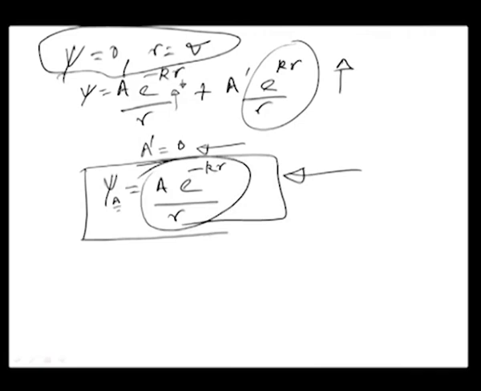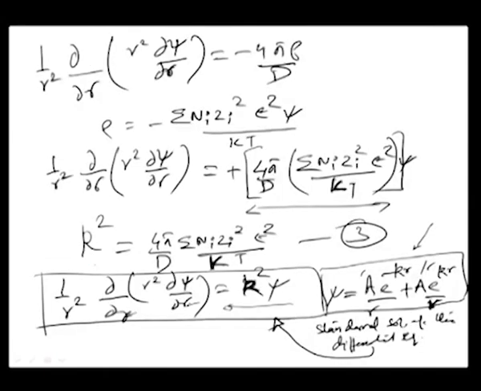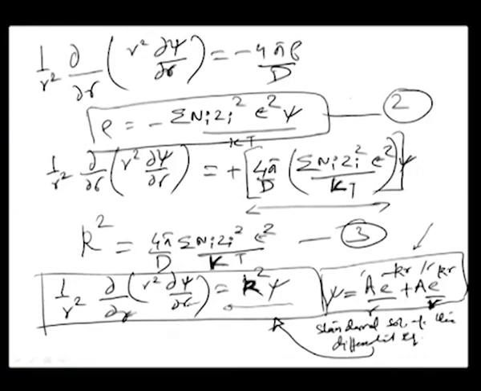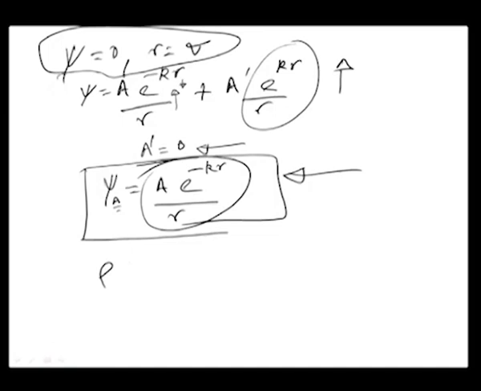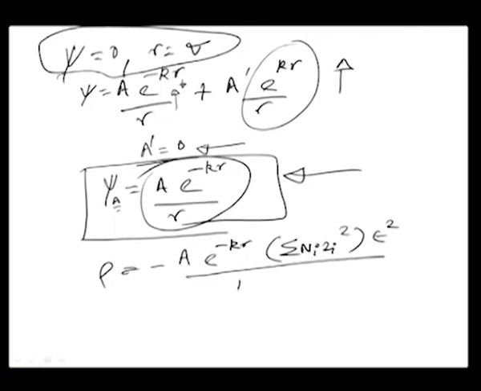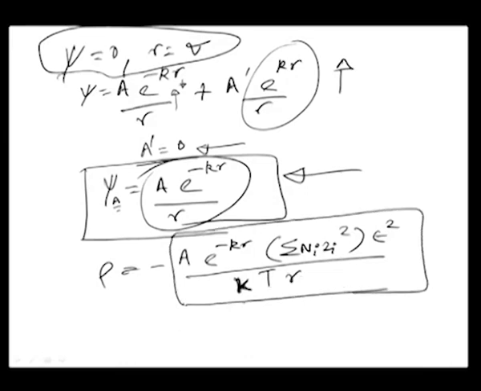From the previous equation, the charge density was defined as a function of n i z i square epsilon square xi by Boltzmann constant k times T. We can substitute the value of xi obtained here to get the charge density close to that point as minus a e to the power of minus k r sigma n i z i square epsilon square divided by Boltzmann constant k times absolute temperature T times r, just a substitution. That is what the charge density value comes out to be.